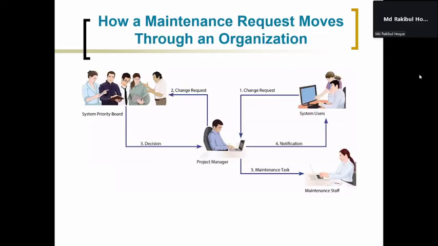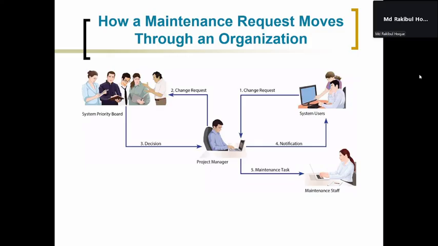So this is a simple maintenance request moving through the organization. Like you have the system priority board, you have the system users. Say for example, system users request a change, then it transfers to the project manager, and the project manager makes a change request to the system priority board, and the system priority board transfers the decision to project management, and the maintenance team.